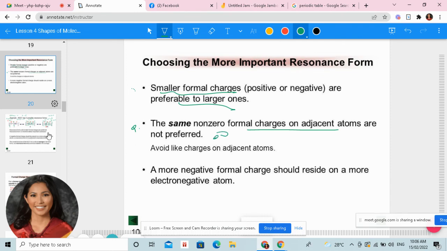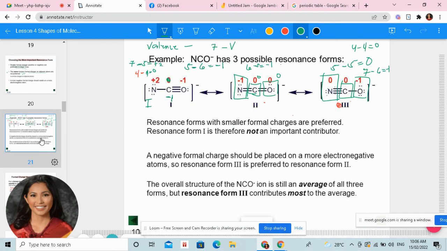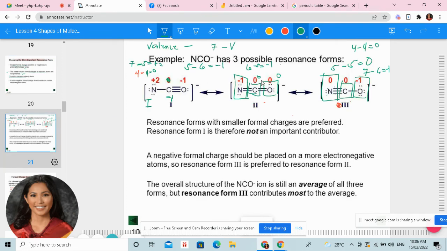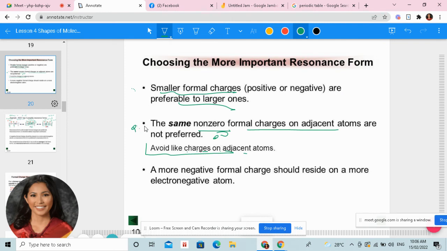So, the same non-zero charges cannot be adjacent. Or, avoid like charges on adjacent atoms. Okay, these do not have non-zero charges. So number 2 is avoiding like charges on adjacent atoms.